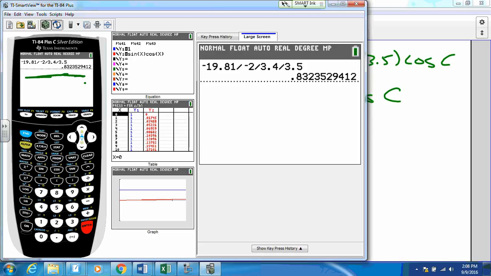You have to use the law of sines or law of cosines again. So if I do inverse cosine of this, then I now have angle C, which is 34 degrees. To get angle A or B, I now have to use the law of sines or cosines again. Does that make sense?